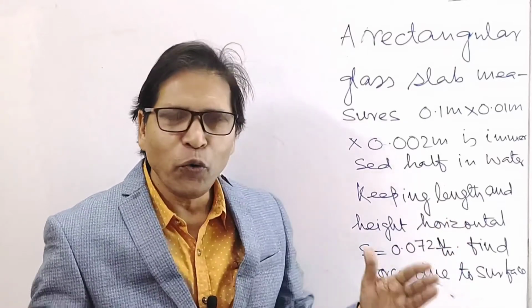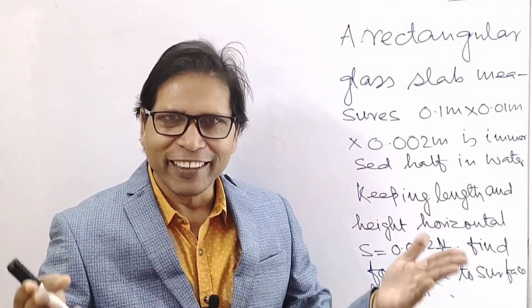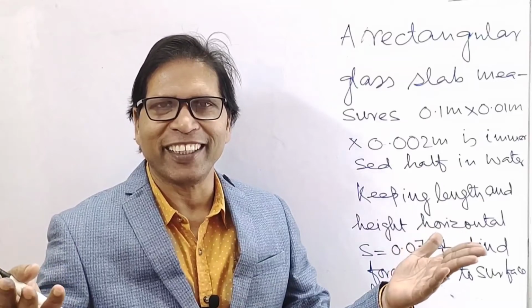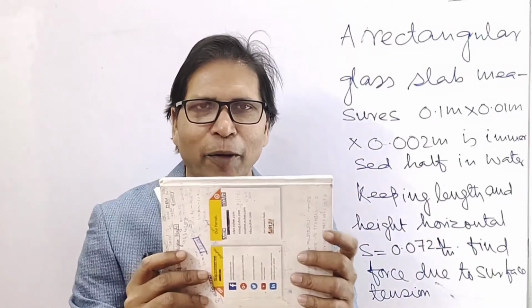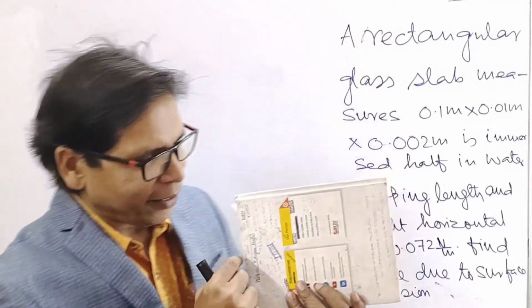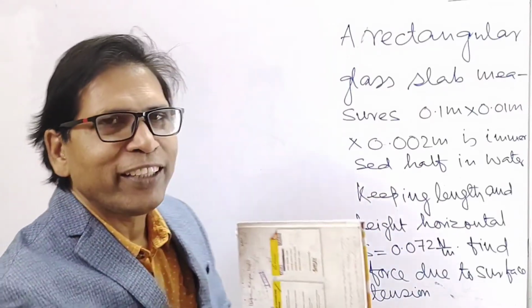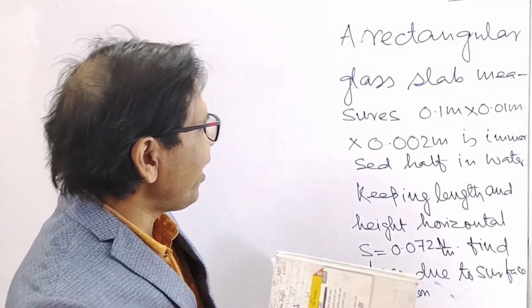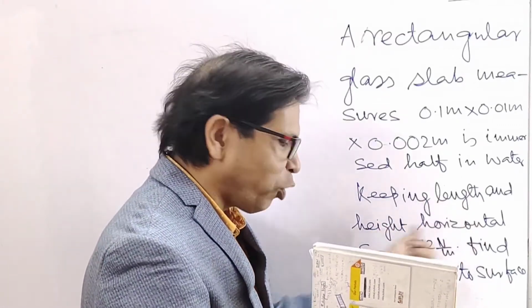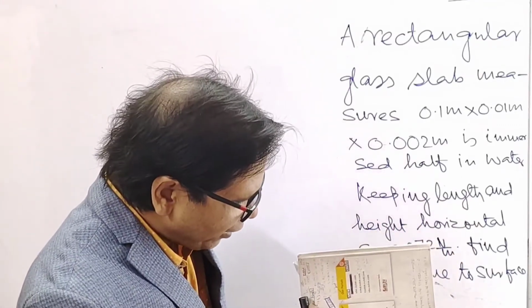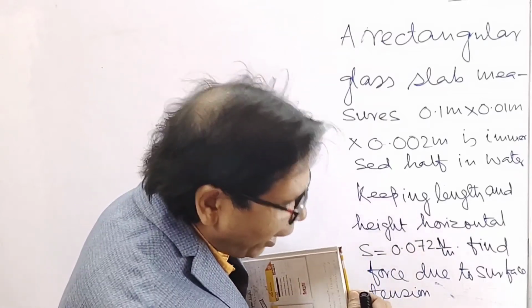We have to calculate the force of surface tension. This is the glass slab. This is the length, this is the height, and this is the breadth. Here, length and height are horizontal.